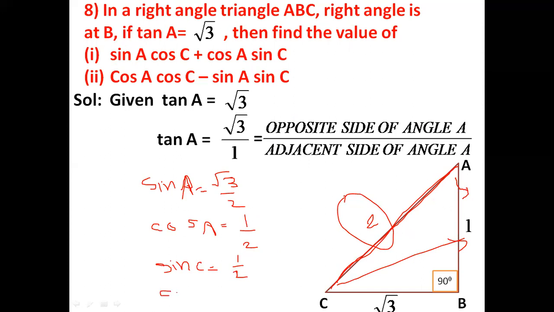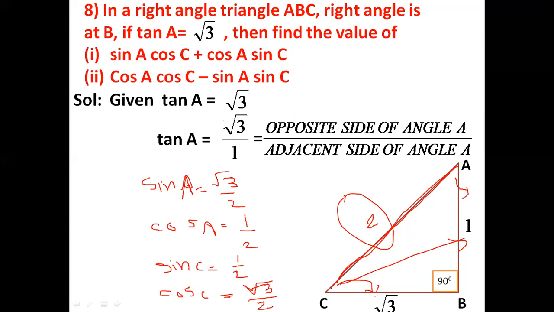Next, cos C is equal to the adjacent side of angle C, nothing but root 3, by hypotenuse, that is 2. Already told, opposite side and adjacent side depend upon the angles taken by us.